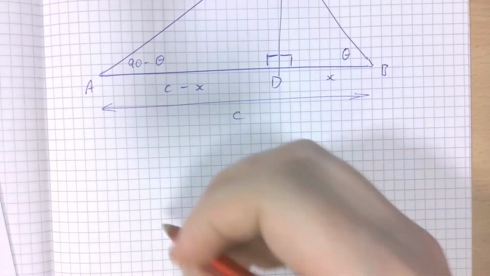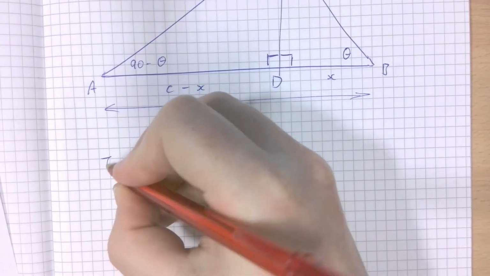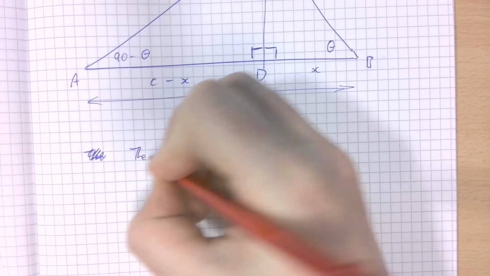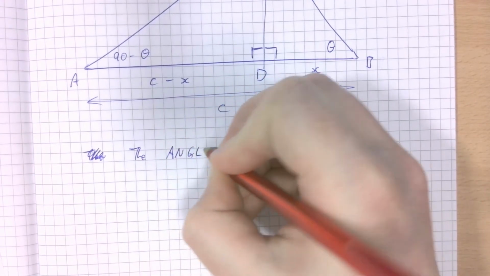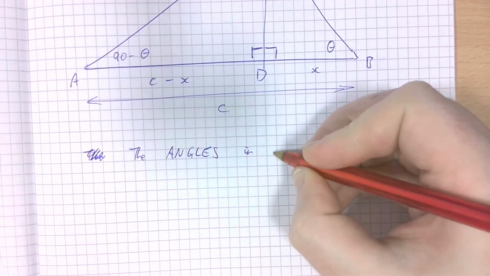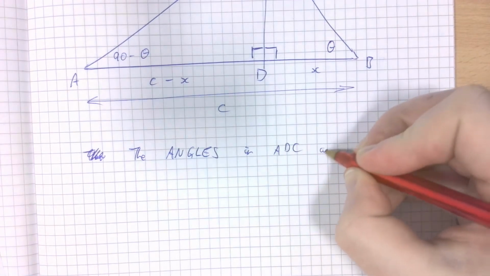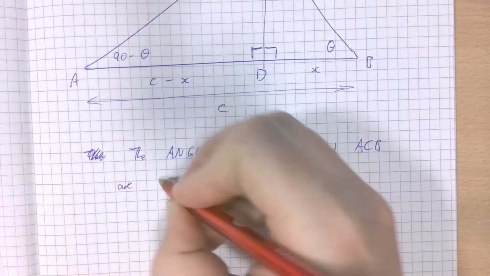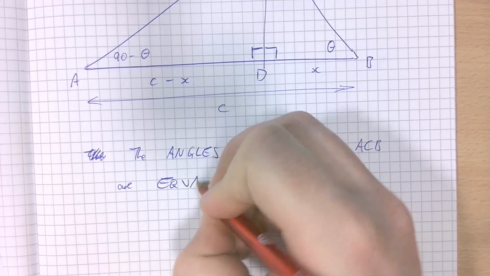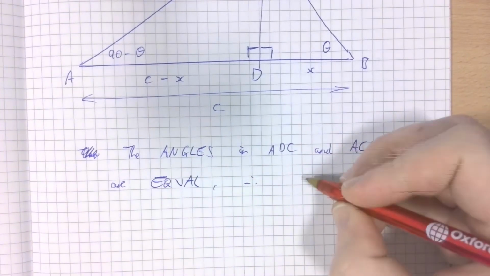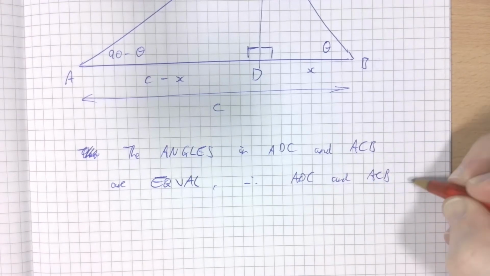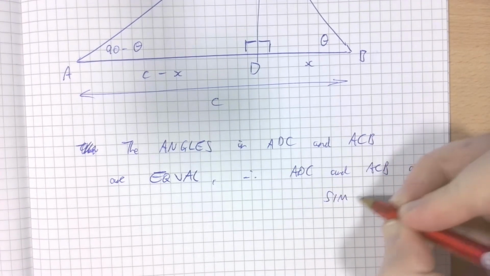So I can say that the angles in ADC and ACB are equal. They are equal. Therefore, ADC and ACB are similar.